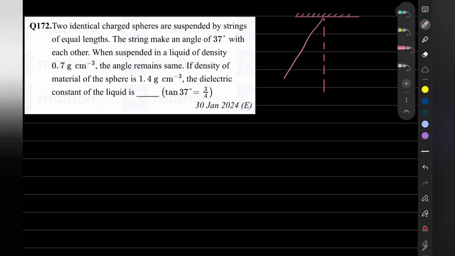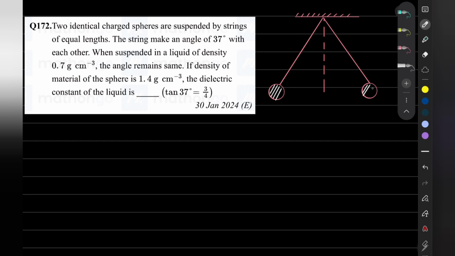This is the first sphere and this is the second sphere. Of course they have some charge, so I'm going to write the charge on the first one as q. They will also have mass, which I'm going to take as m.